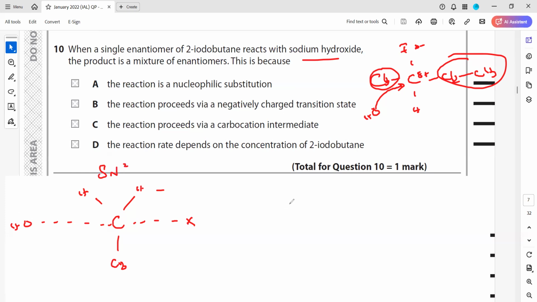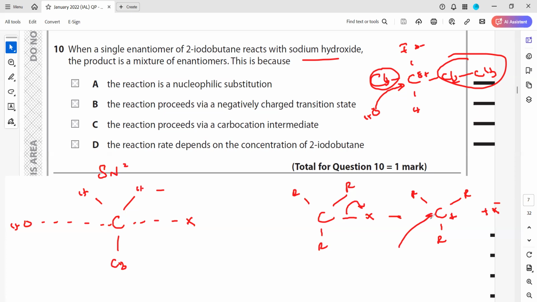But in SN1, when we have a tertiary halogenoalkane, first the bond will break, so it will form a carbocation. So this is a carbocation and there is a negative ion.